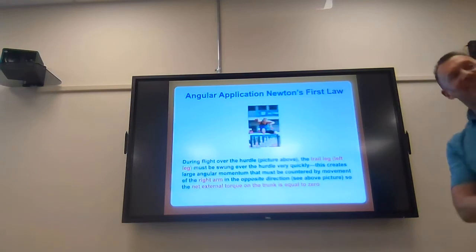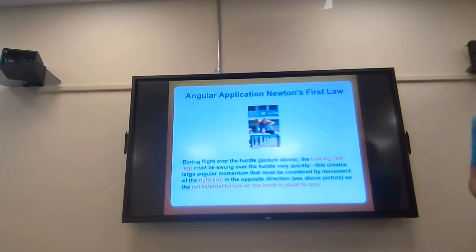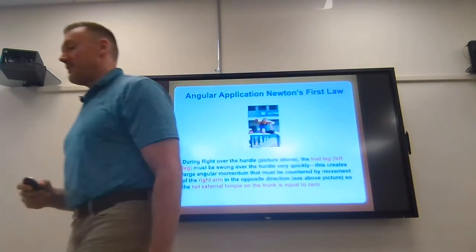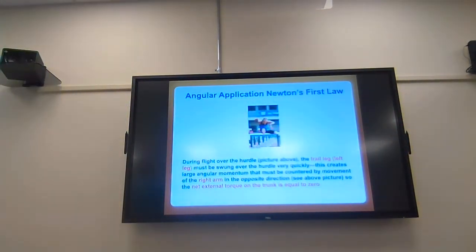We have a hurdler here today who has experienced this. With sprinting and hurdling and all these awesome sports skills, we have torques that are placed on the body based on how our limbs are positioned.